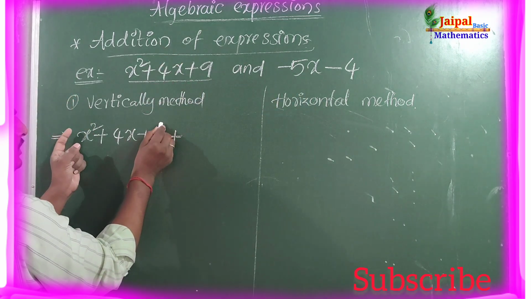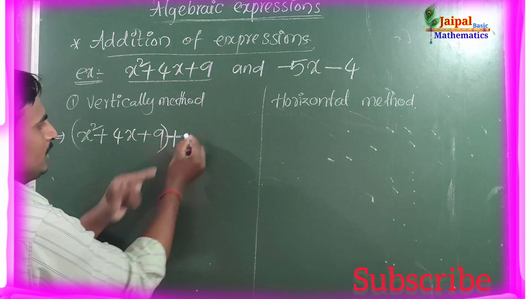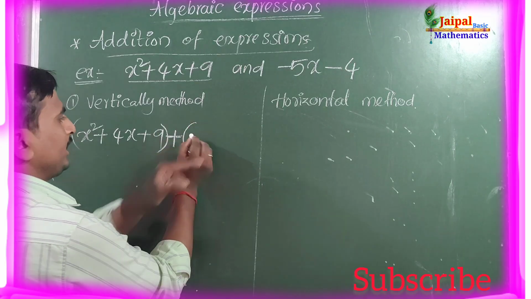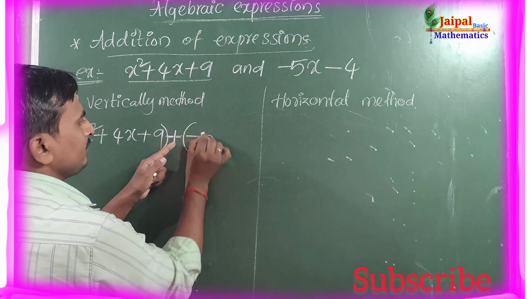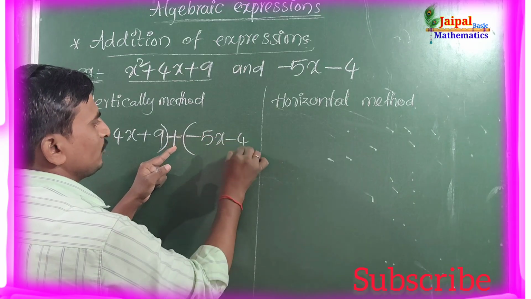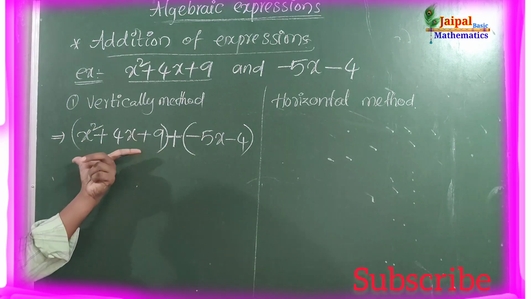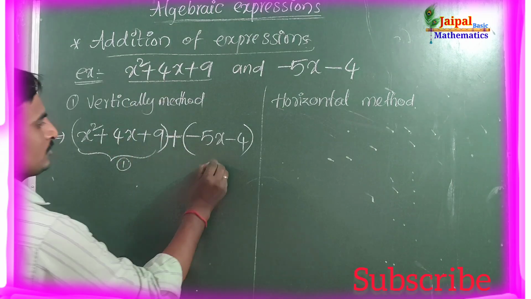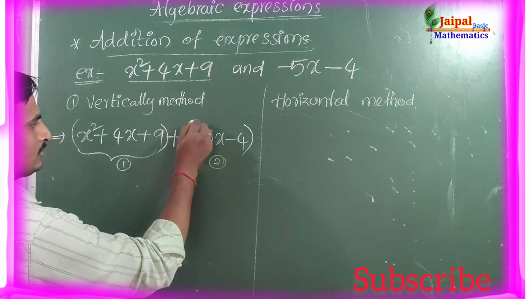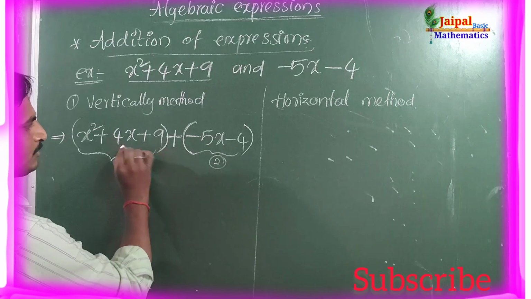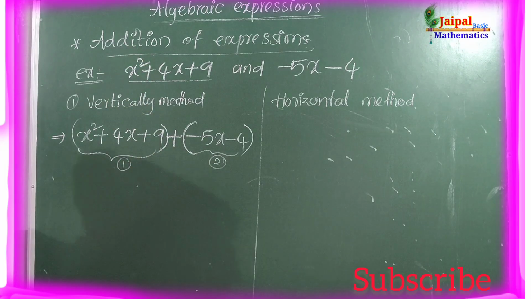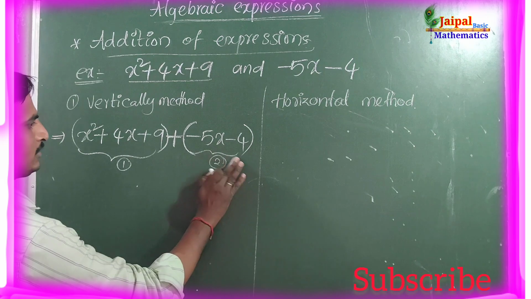So after completion of one expression you keep a symbol, or you can keep a bracket also. So minus 5x minus 4. See, this is the first expression and this is the second expression. In between there is a plus symbol, so plus means we are doing addition. Do you understand? Yes. So let's go forward.